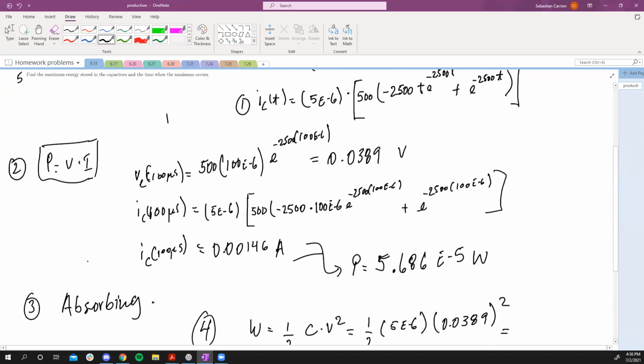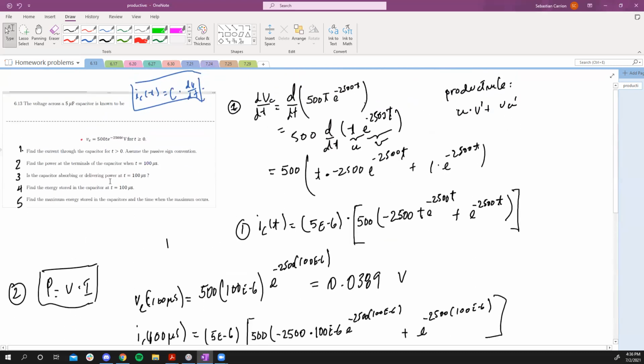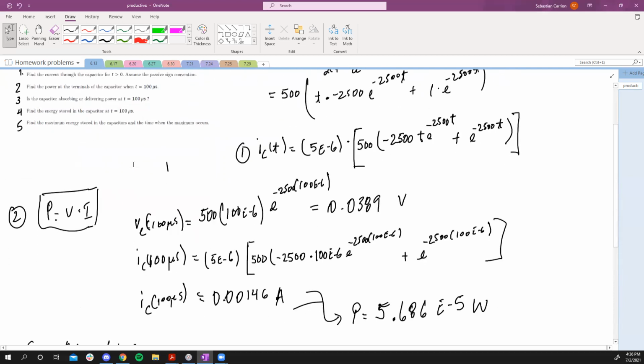So this all relates back to voltage. What we want to do is find where the derivative of our voltage equals 0.